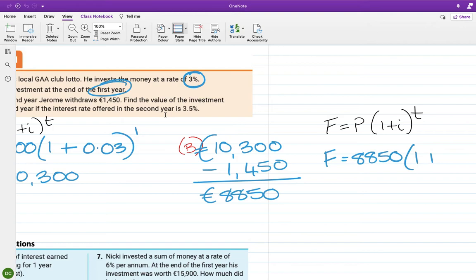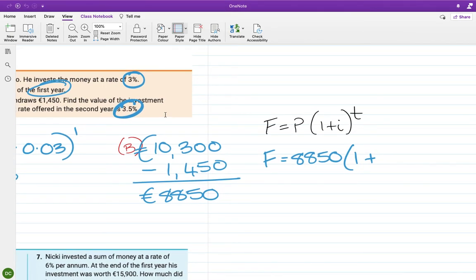The interest rate has changed to 3.5%, so as a decimal it's 0.035. And what we're talking about here is from the start of the second year to the end of the second year, so it's just going to be 1 year worth of interest. That's all that we're going to be including.